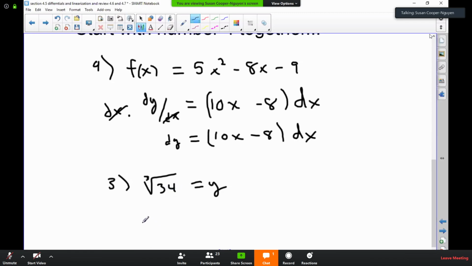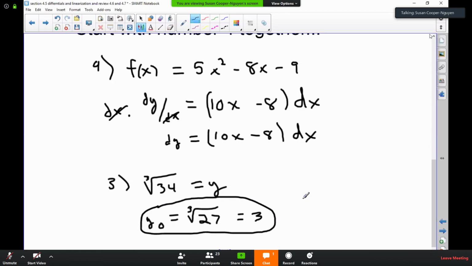Well, 27, right? So let's call y naught, like an initial guess, the cube root of 27. I'm picking a perfect cube that's fairly near 34, because we know the cube root of 27 is 3, right? So I'm going to hold that thought and just circle that.